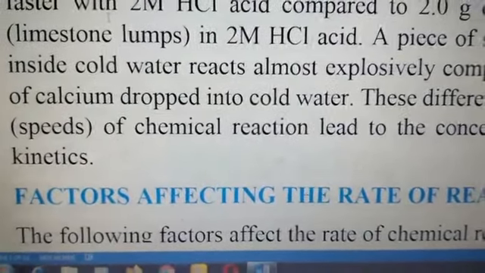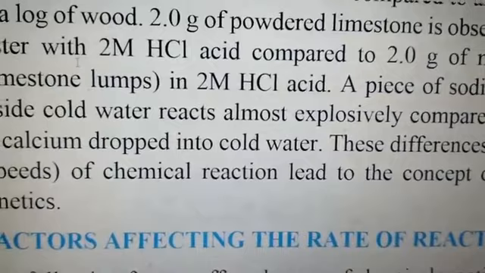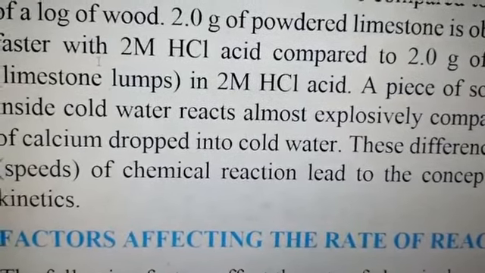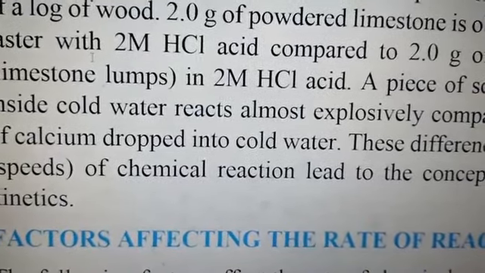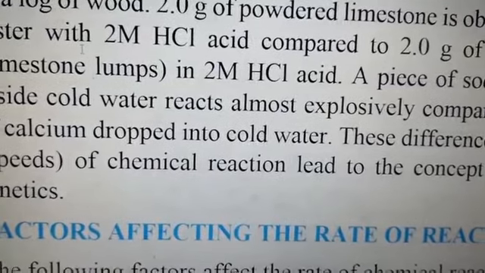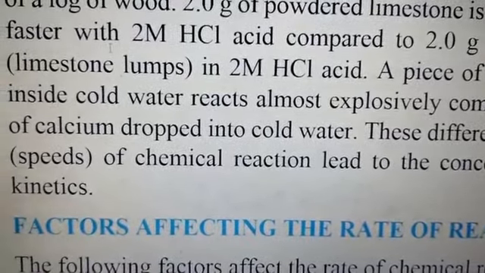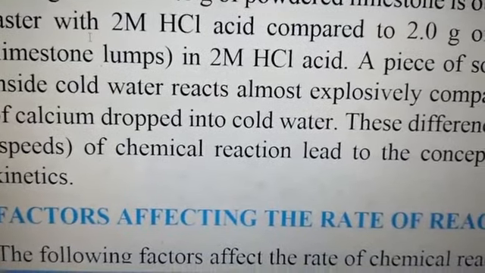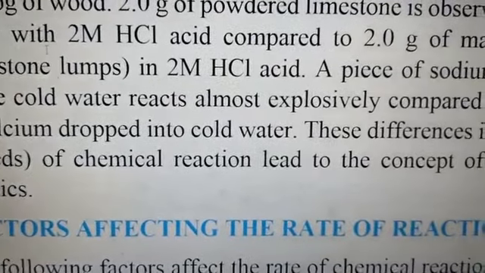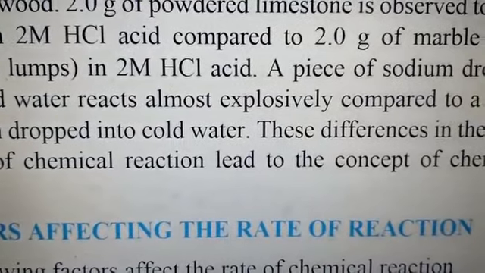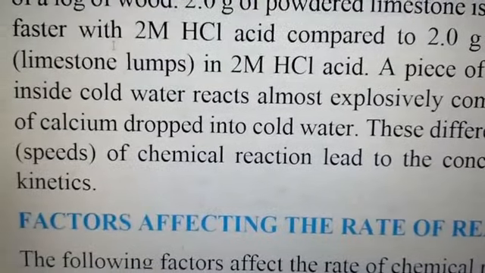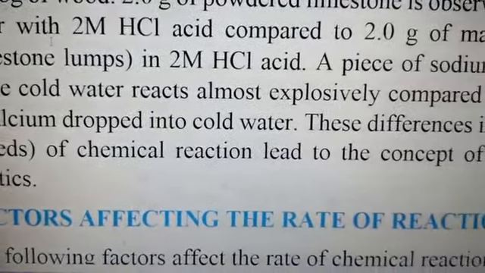So we are giving examples of different reactions or similar reactions that occur at different speed, like wood shavings burn faster than wood that is in lump. Powder limestone reacts faster than marble chip. Marble chip means limestone in lumps or larger size.